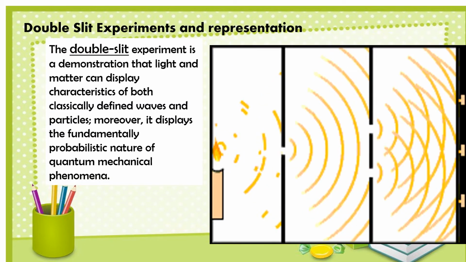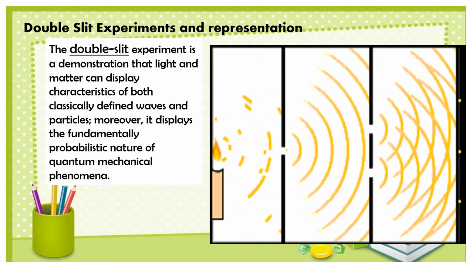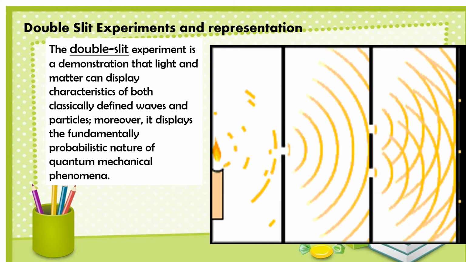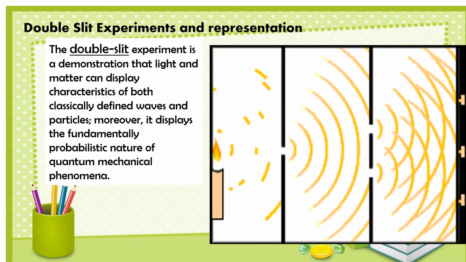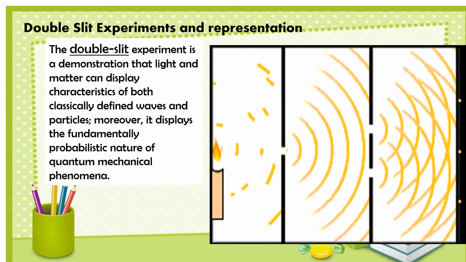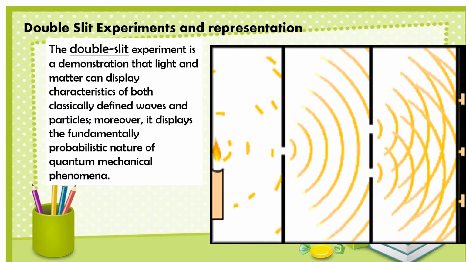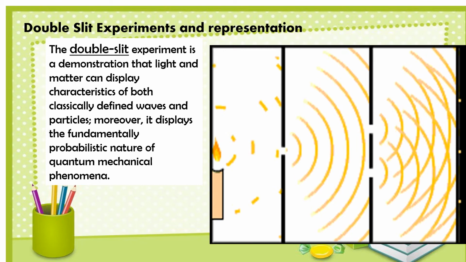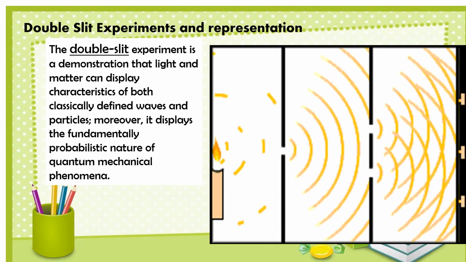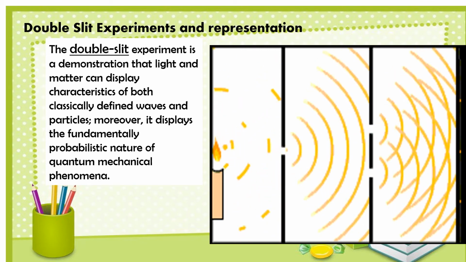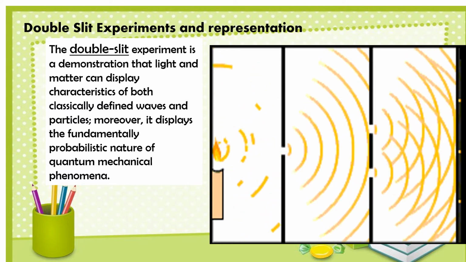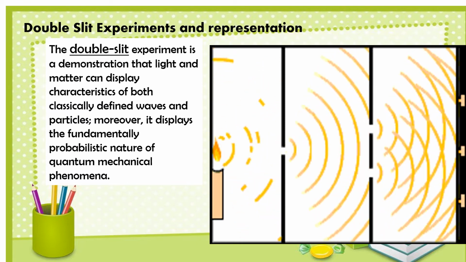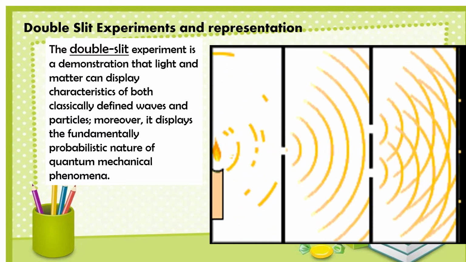Okay, class, we have here another example for a double slit experiment and representation. So try to look at this 3D presentation or image, how the waves move. A double slit experiment is a demonstration that light and matter can display characteristics of both classically defined waves and particles.